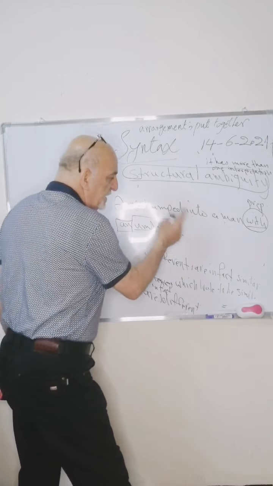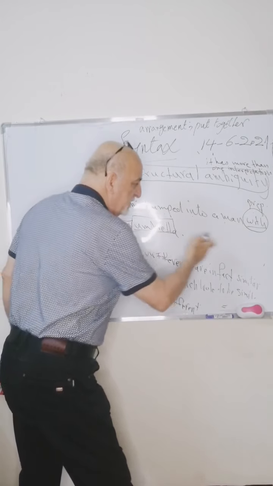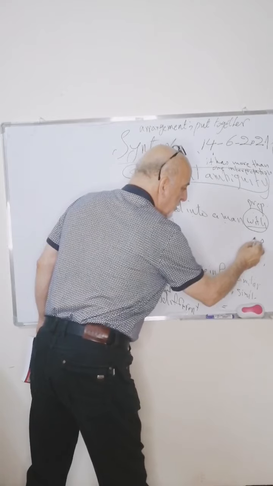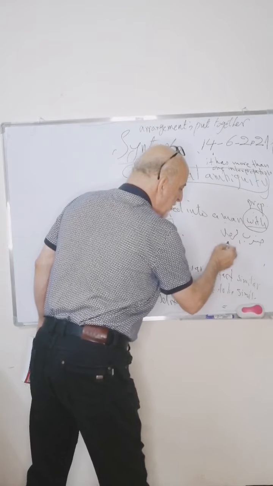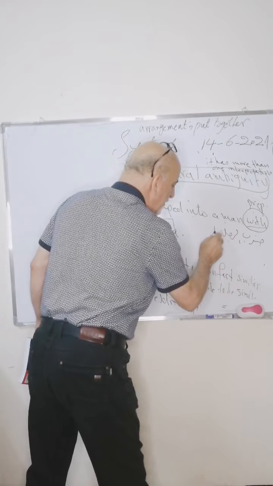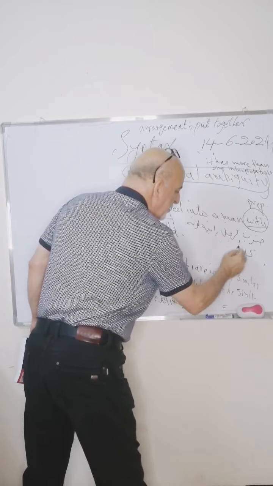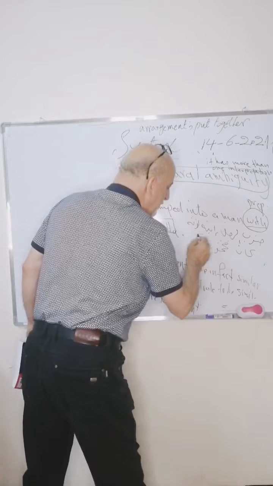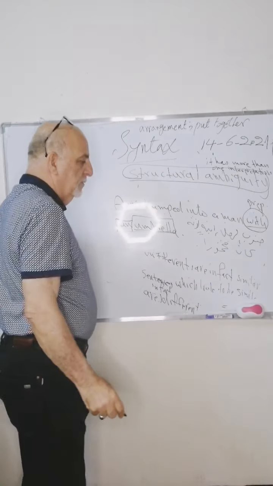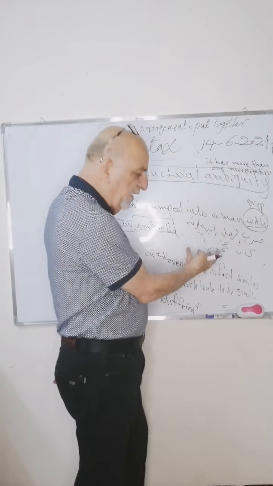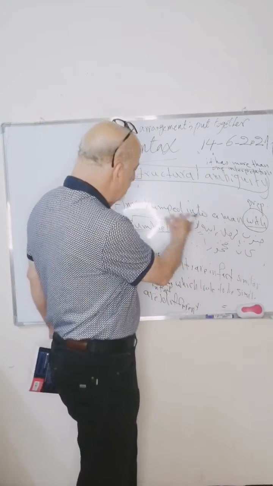This is like this sentence: ضرب الرجل ابنه لأنه كان مخمورا. Now, is this called lexical ambiguity or structural ambiguity?